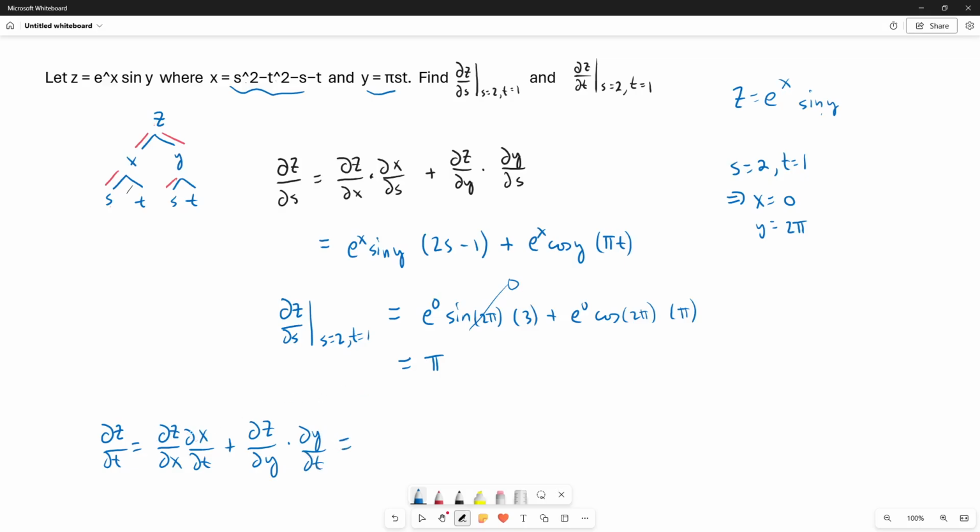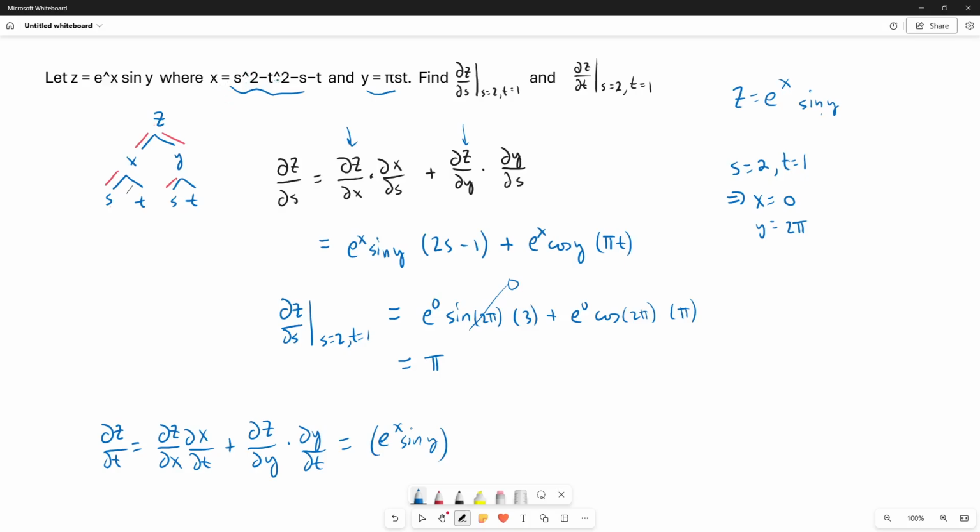And then we have to compute these derivatives. Partial z with respect to x and partial z with respect to y we've already computed in the previous problem, so we should make sure we get the exact same thing if we do it again independently. But here I'm just going to copy them. Partial z with respect to x was e to the x sine y.